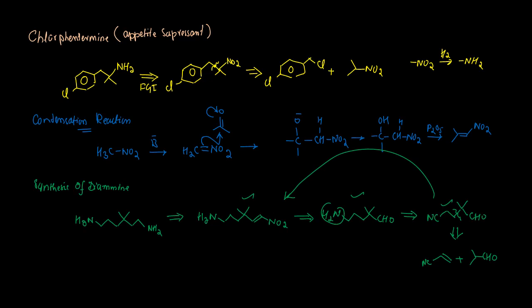Now let us consider some other application of aliphatic nitro compounds, especially they are used in Diels-Alder reactions as well. We have a compound which acts as a stimulant, phencamphamine.